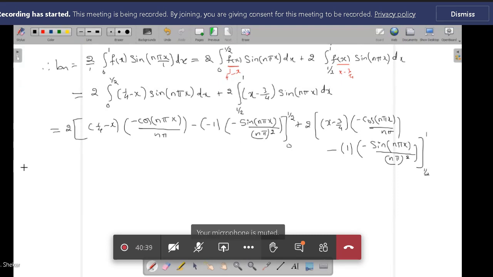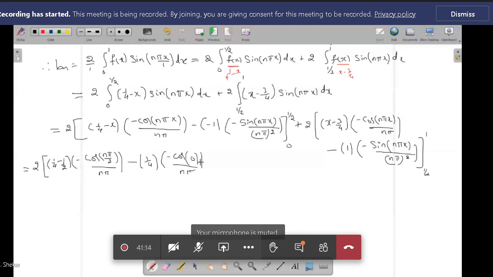So now substitute the limit and simplify. This becomes 2 into, when you put the upper limit, that is 1 by 4 minus 1 by 2 into minus cos n pi by 2 whole divided by n pi, minus, when you put the lower limit, it is 1 by 4 into minus cos 0 whole divided by n pi.